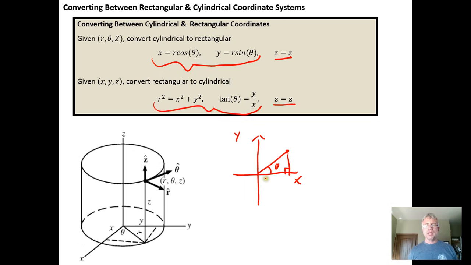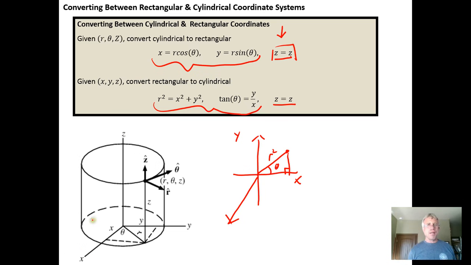If this angle theta is made with the positive x-axis, we know by the Pythagorean theorem that the x-coordinate squared plus the y-coordinate squared is going to equal r squared, the length of the line segment squared. We know that the tangent of theta by definition is going to be the y-coordinate divided by the x-coordinate. And then because we're just extruding that z-axis, we just let z equal z. We don't have to do anything fancy with the z-coordinate. So that's all that changes when we move from polar coordinates to cylindrical coordinates.